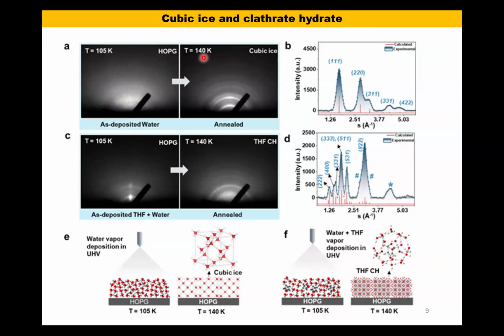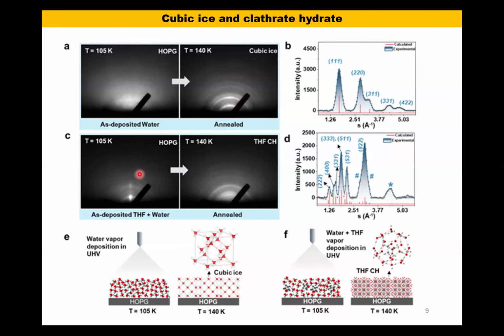When we thermally anneal to 140 Kelvin, we see distinct Bragg rings coming out, which suggests it is polycrystalline ice. When we match the radially averaged electron diffraction intensity with the calculated XRD data, we have a good match with the 111 plane, 220, 311 and other planes, which suggests it forms cubic ice.